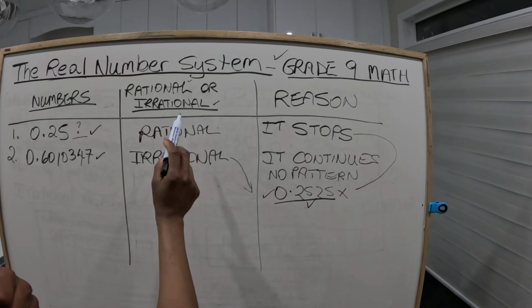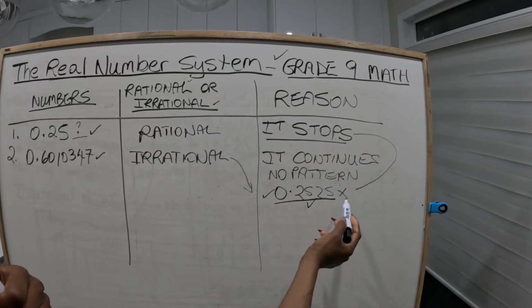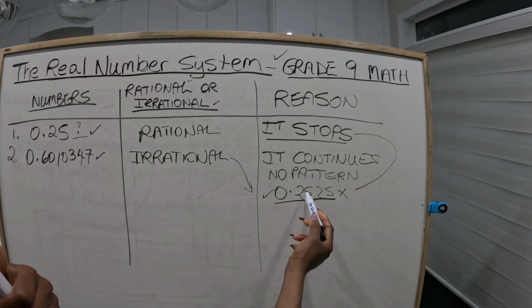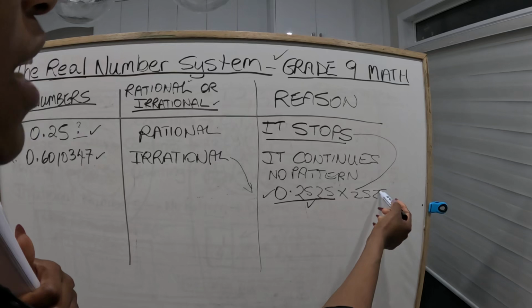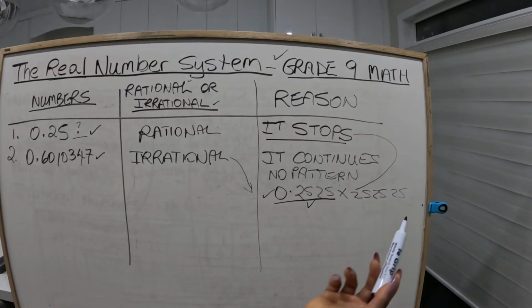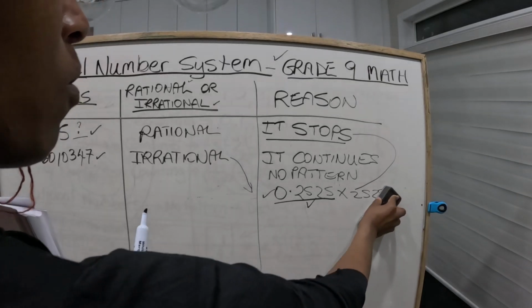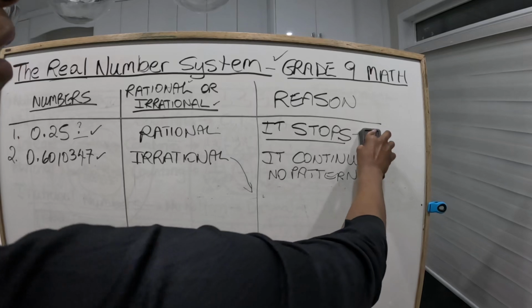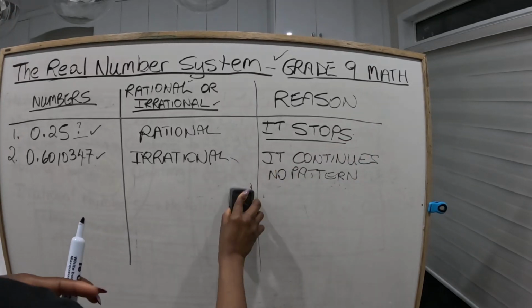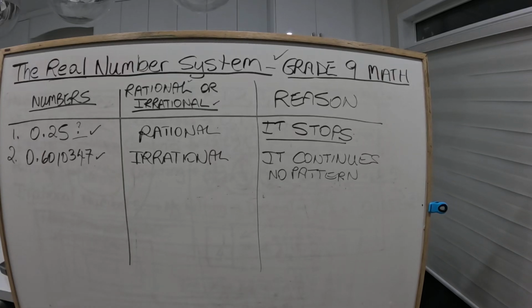So a rational number must stop at some point or have a pattern. You can actually stop at 0.25 because no matter how far you go, if you continue, you just have 2525 continue. So you can always stop at the first 2 or the first 4, whichever one you choose. So that's why an irrational number must continue with no pattern.